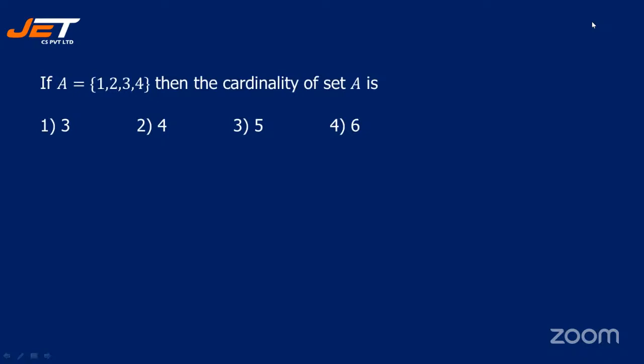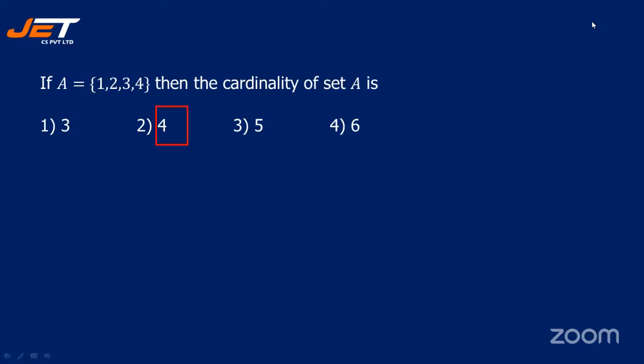If A is equal to 1, comma 2, comma 3, comma 4, then the cardinality of set A is dash. Is it 3, 4, 5, or 6? Let me repeat the question. Yes, many says it is 6, that is option 4.